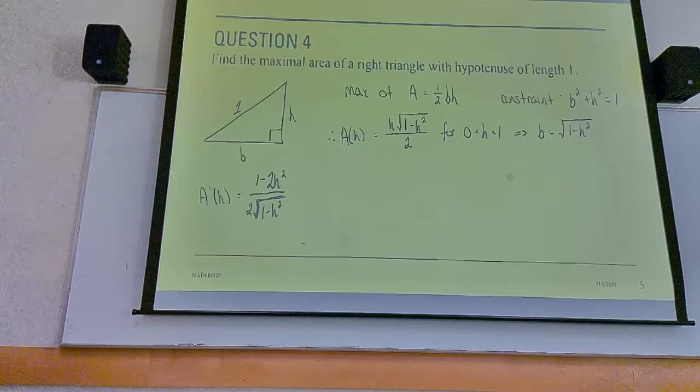It's undefined in an infinite number of places, by the way. -1 and smaller would give you a negative under the radical. 0 or negative under the radical. 1 or larger would also give you 0 or negative under the radical. But none of those points are in our domain. So just set it equal to 0 and solve.